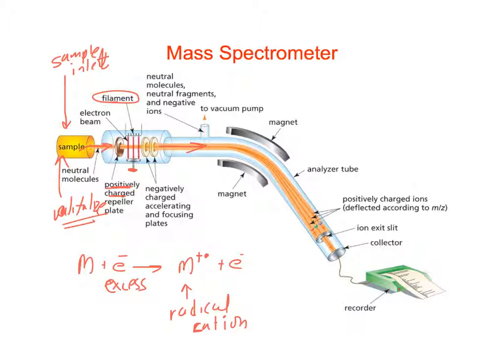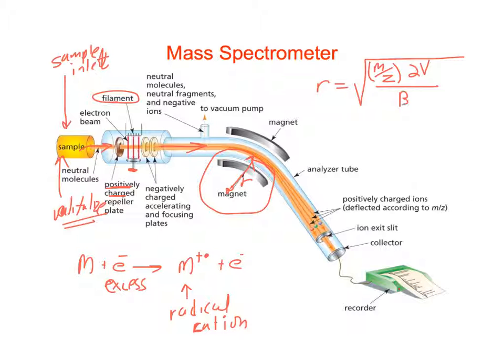All right, and the amount of curvature here, so if we have a curve here, part of a circle, there would be a radius for this curvature, and the radius of that curve equals the square root of the mass to charge ratio times 2V over B squared. Okay, so the mass to charge ratio we talked about.